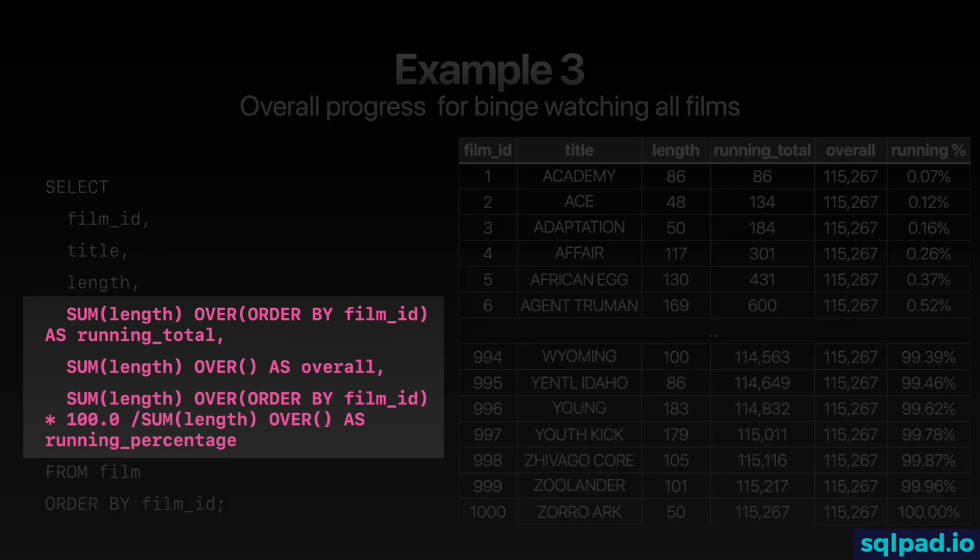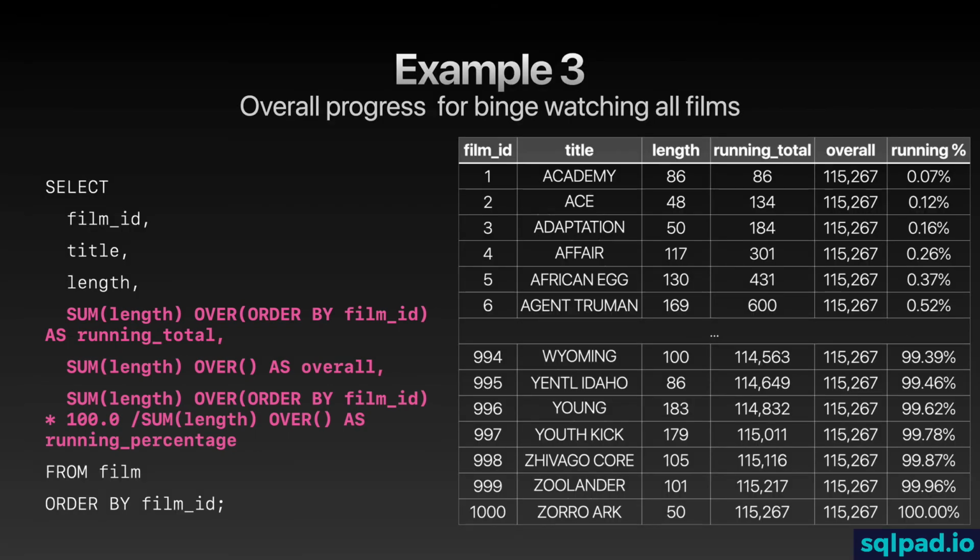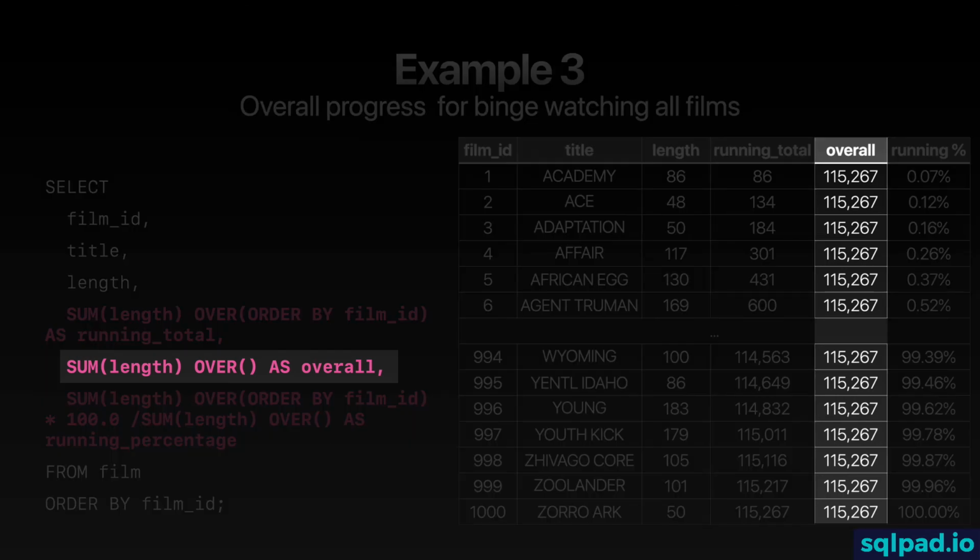Notice that there's no partition by clause inside of the over function, because I'm not grouping those movies into any subcategories. I simply wanted to compute my overall progress. That's why I'm not partitioning by any groups or categories of those movies. Another thing to notice is that if I don't add anything inside of the over function, I'm actually getting the total number of minutes from the entire movie catalog.